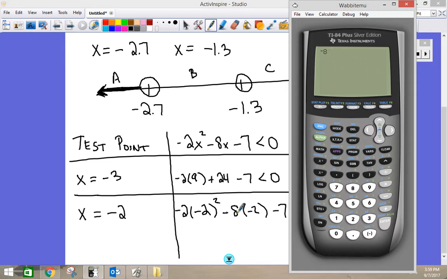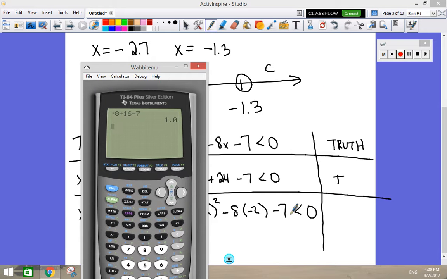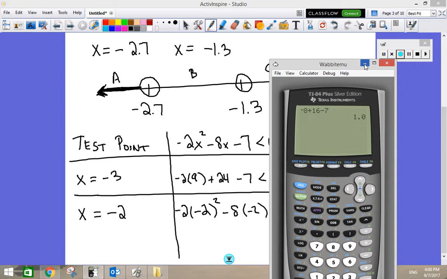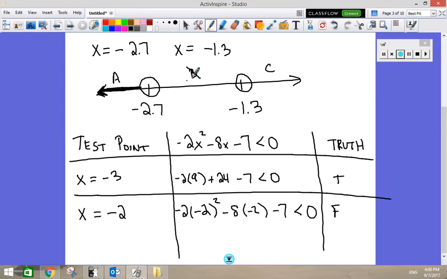And then these two negatives give a positive: 8 times 2 is 16, and then minus 7. That's equal to 1, and 1 is not less than 0. That's a false statement. So I'm not going to shade in any point in region B, because -2 was picked at random. If I pick any other point in region B, it's going to be a false statement when I plug it into that inequality.